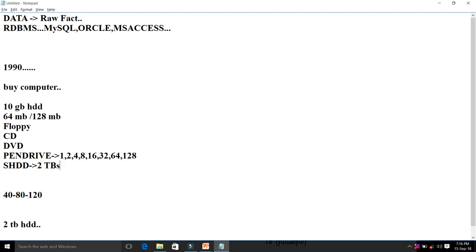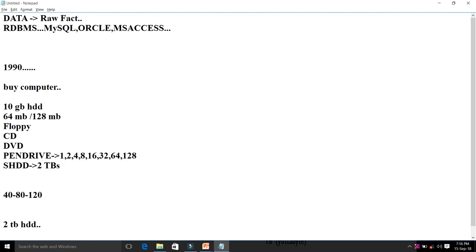By calculating all these, we have approximately 4 to 5 TB of data storage capacity, but still we are not satisfied. We still need more space to store the data.